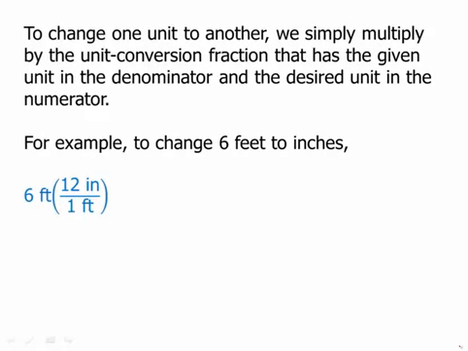For example, if we want to change 6 feet to inches, we need a unit conversion that has feet on the bottom and inches on the top. So 12 inches over 1 foot. Then we multiply, the feet cancel, and we get 6 times 12, 72 inches.